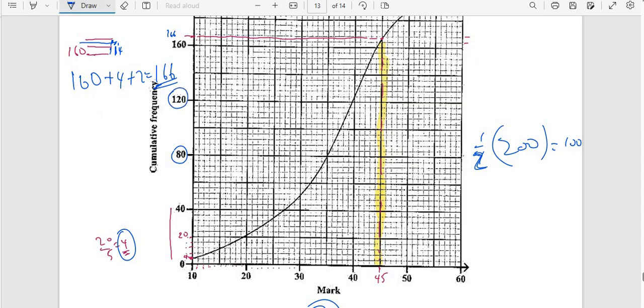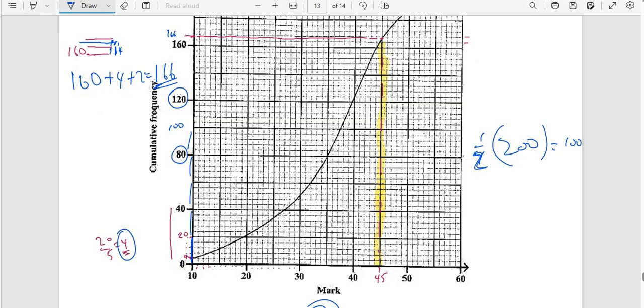This is 120. In between them will be 100. In fact, between 0 and 40 is 20, so every one of these big squares, we have 20, 40, 60, 80, 100. Or we could add 80 to 120 divided by 2 and get the 100th there.